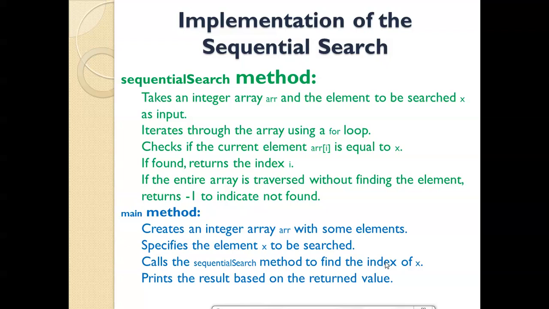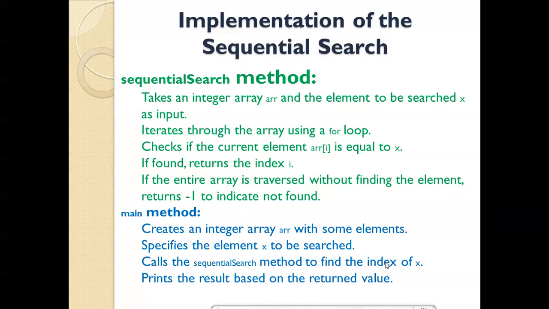If found, it returns the index i, where the search element is equal to the ith index element. Afterwards, if the entire array is traversed without finding the search element, it returns the result -1. It indicates the element is not found in the array.